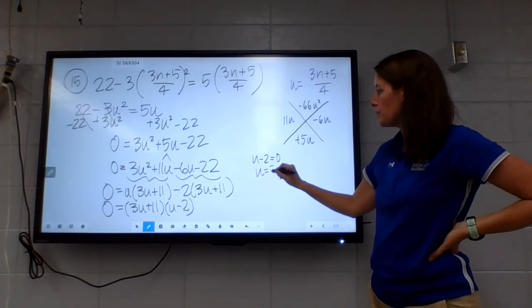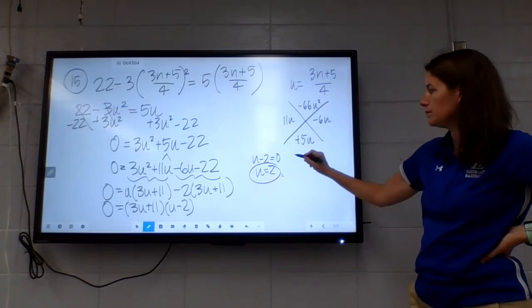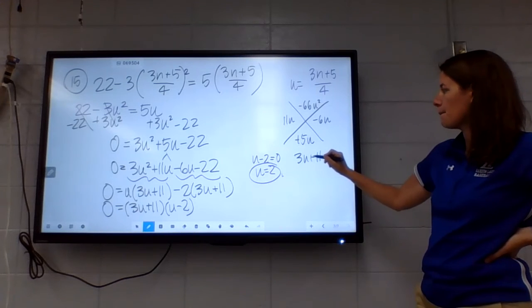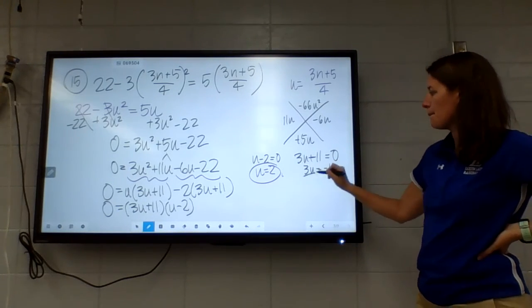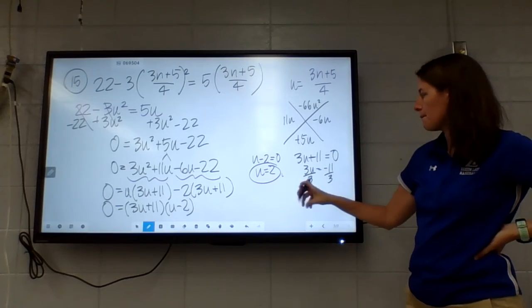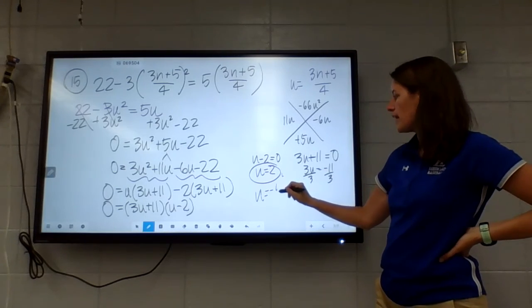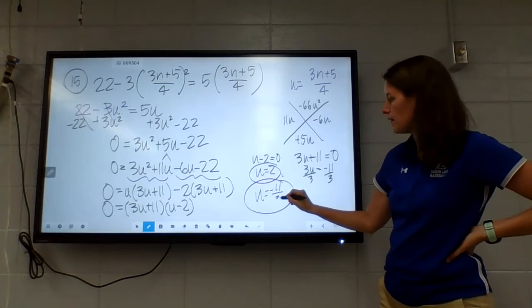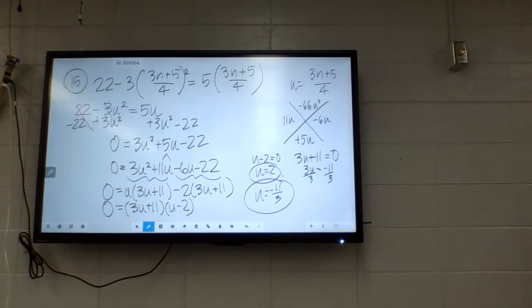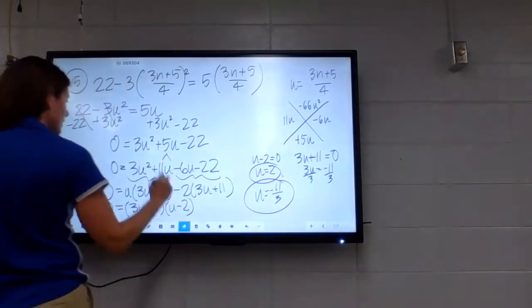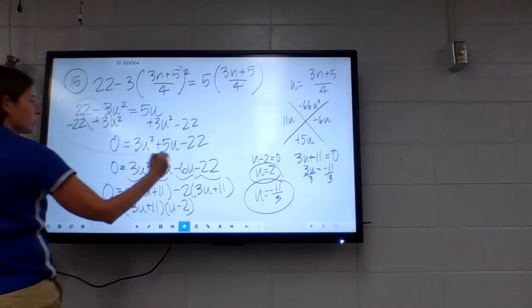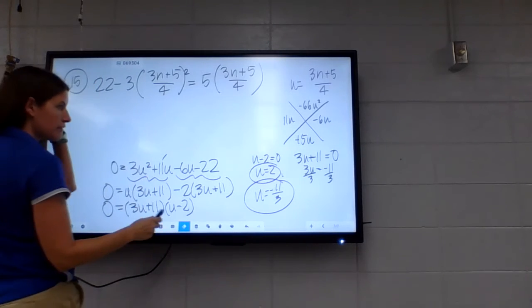So u is 2. U is also a negative 11 over 3. But I still need to put those back in to figure out my final answer here. So I'm just going to erase that if that's okay.